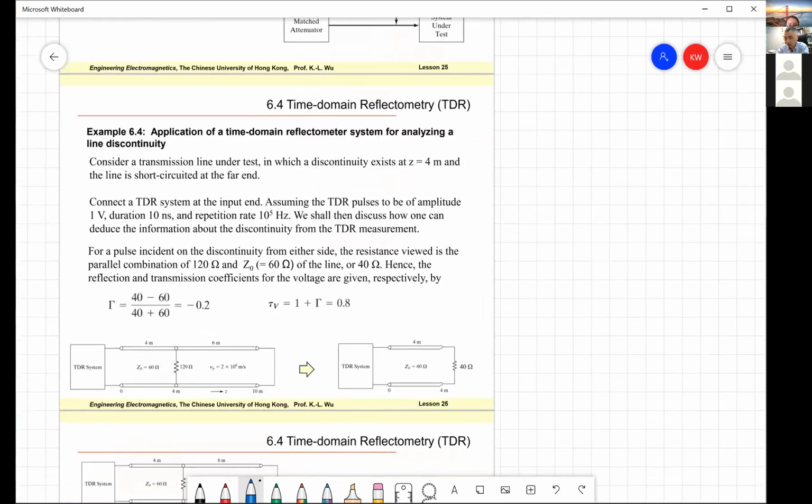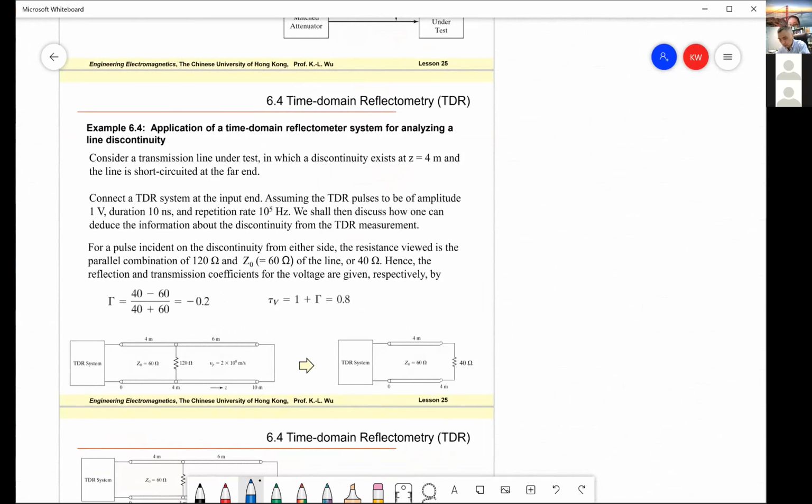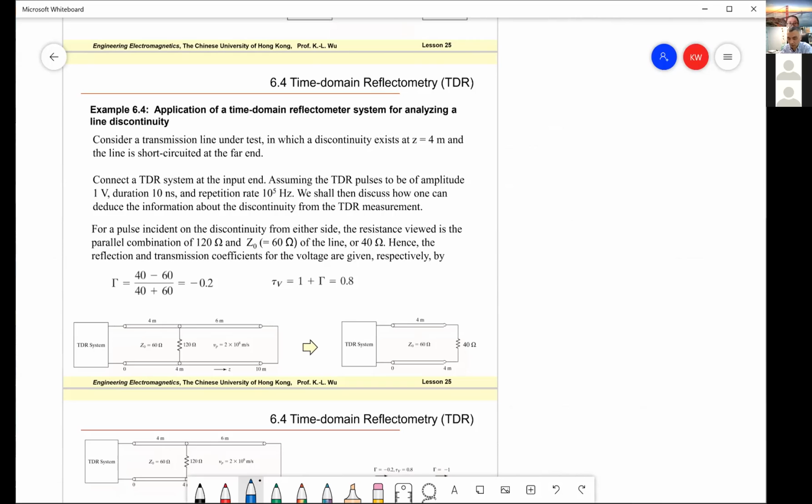Now let's see how it works. Let's assume we have a transmission line with one section 4 meters long, and the other section 6 meters long, and then connected with a short circuit.